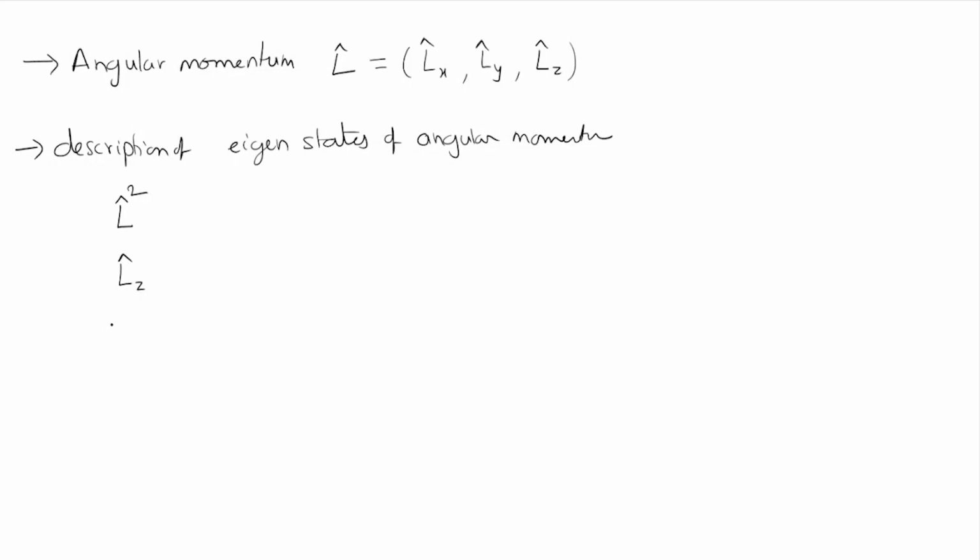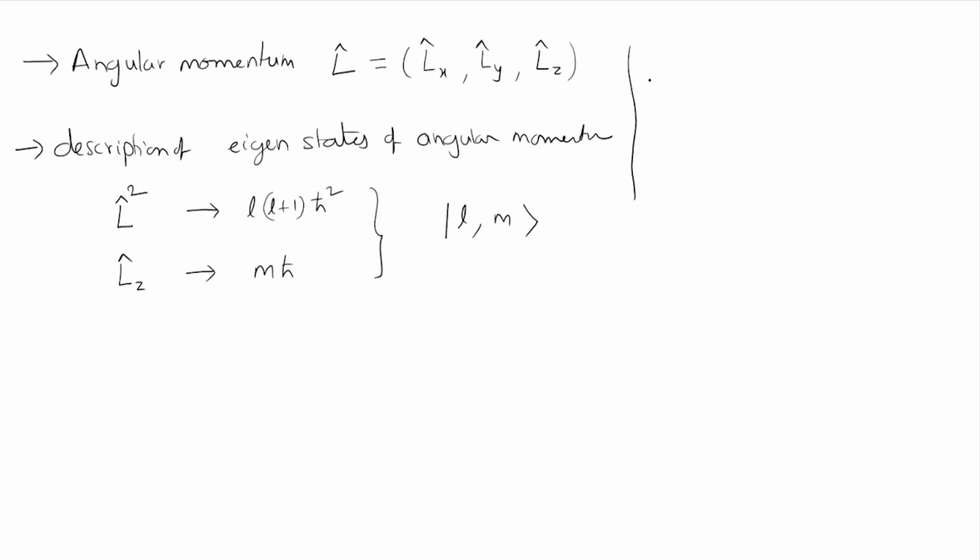You label your states using eigenvalues of L square, which are l(l+1) times h cross square, and eigenvalues of Lz, the z component of L, which are m times h cross. A typical state, if you want to specify a state, you give the l value and the m value. That is how you describe this.